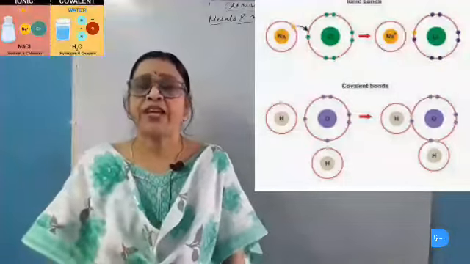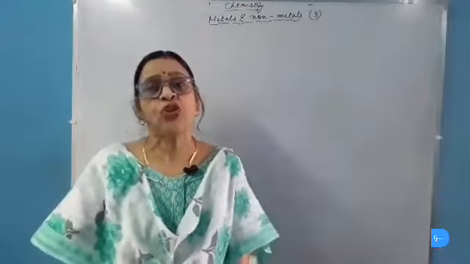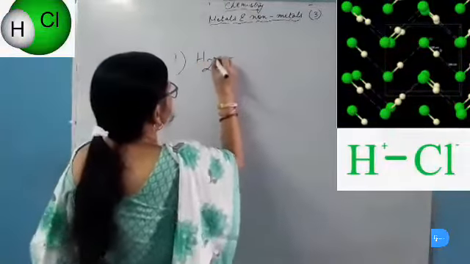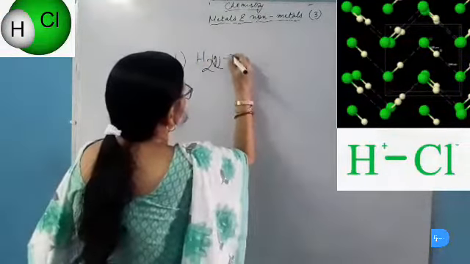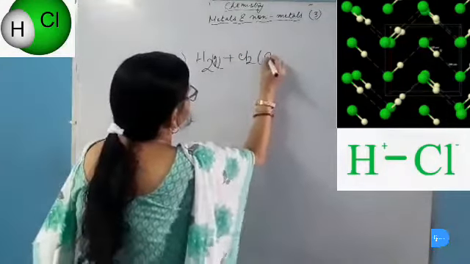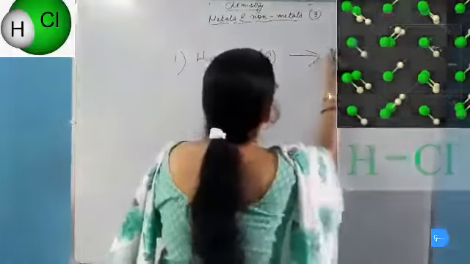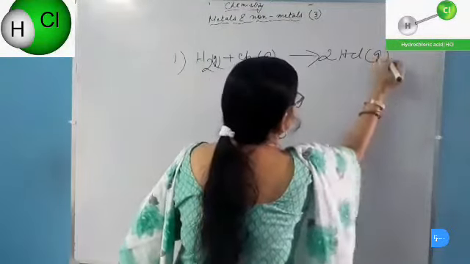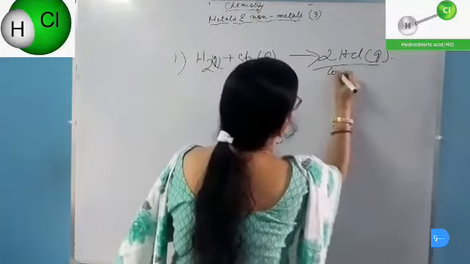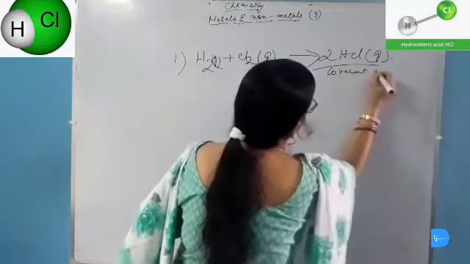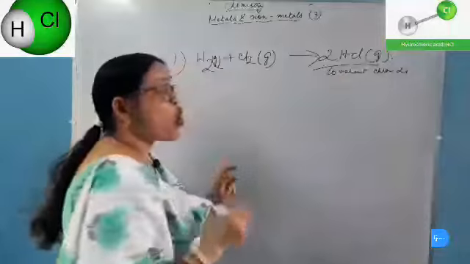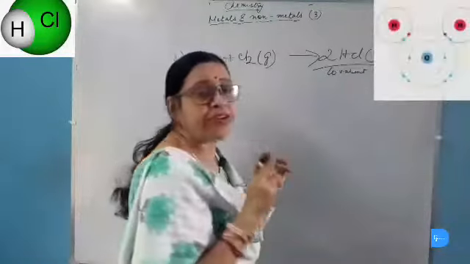So first we will see the reaction of hydrogen gas with chlorine. When hydrogen gas reacts with chlorine gas, then it gives hydrogen chloride. This is covalent chloride because this hydrogen chloride is formed by sharing of electrons and not by transfer of electrons.